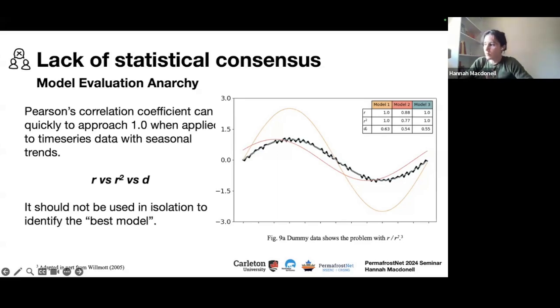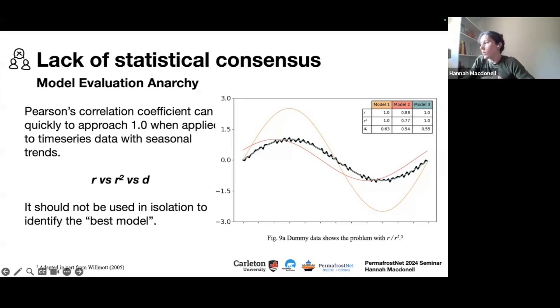So ultimately, we selected Pearson's coefficient as a third statistic, but with a bit of a caveat in mind. One thing that I speak to a lot in my thesis and less for this presentation is that the model ranking framework is really focused on establishing relative performance, and it's not about establishing or asserting model validity.